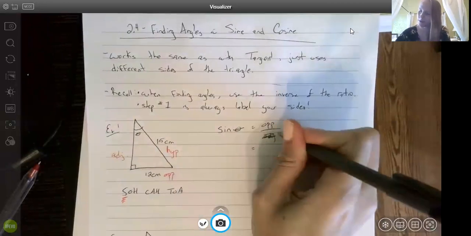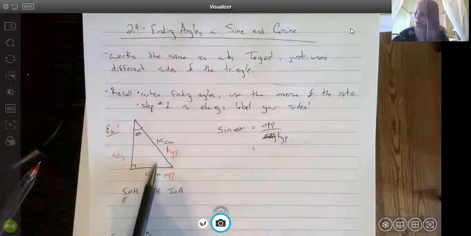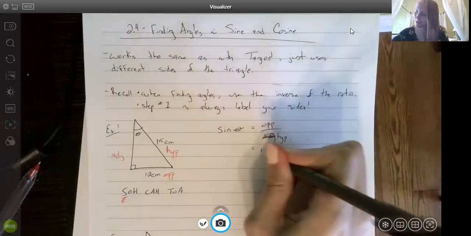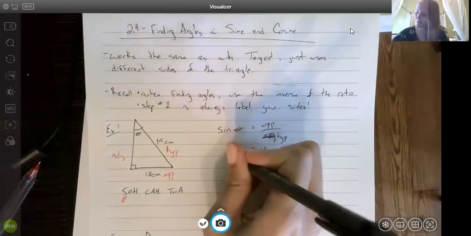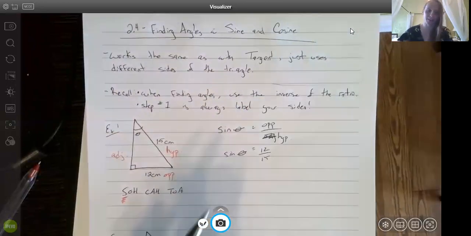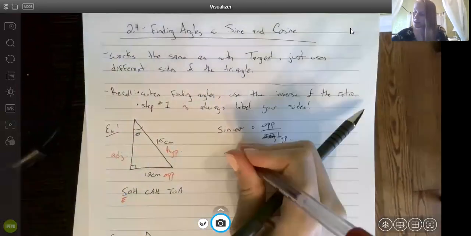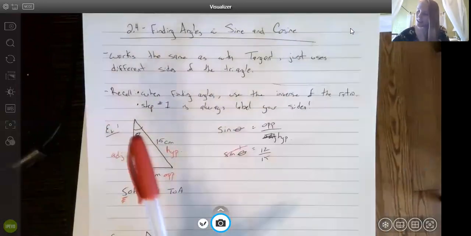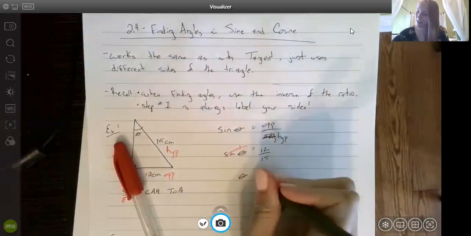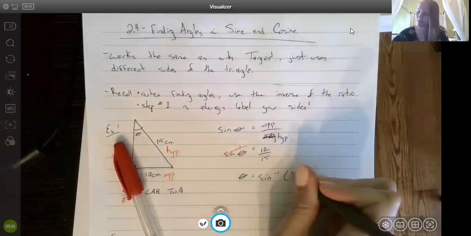Plug in my opposite and my hypotenuse, so 12 over 15. And then in order to isolate for my unknown angle, I have to get rid of the sine. So the opposite of that is a sine inverse, which means I also need to take the sine inverse of the 12 over 15.